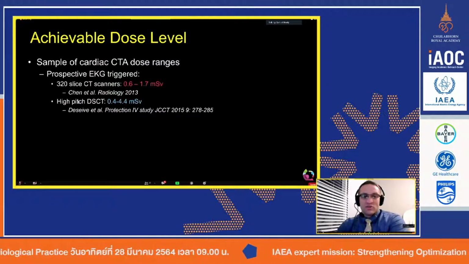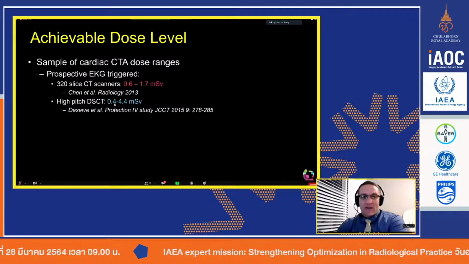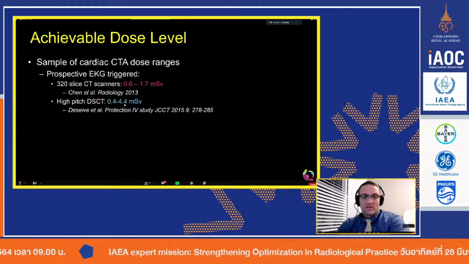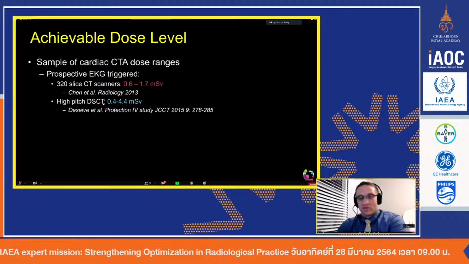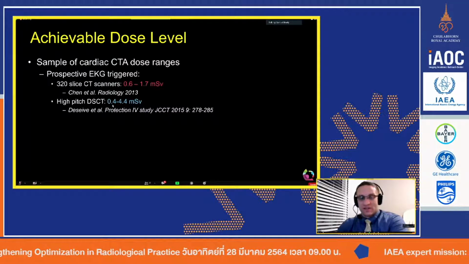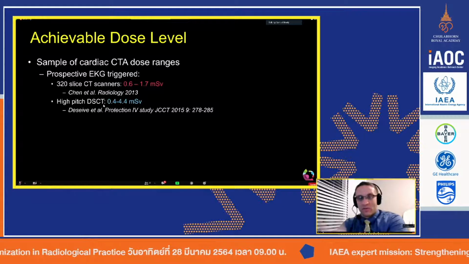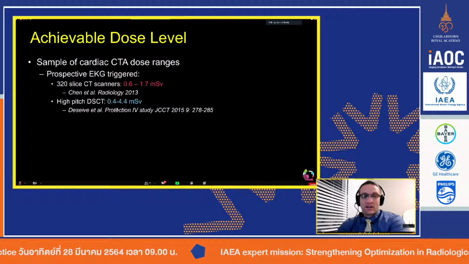High pitch dual source CT scanners, they're somewhere in the 0.5 to 4 millisieverts. Now, obviously there's a range because you're looking at multiple institutions, multiple hospitals and how they do it. The fact that it can be as low as 0.4 demonstrates that the system itself, technologically, when optimized right, is a very robust low dose acquisition technique.